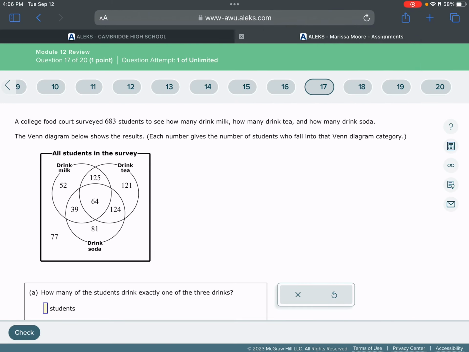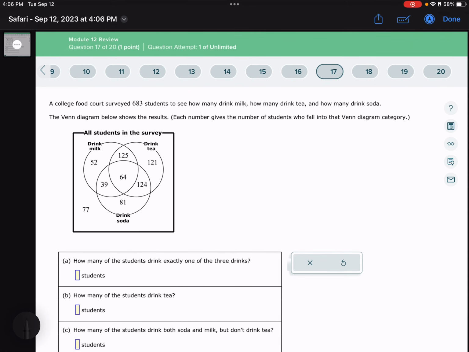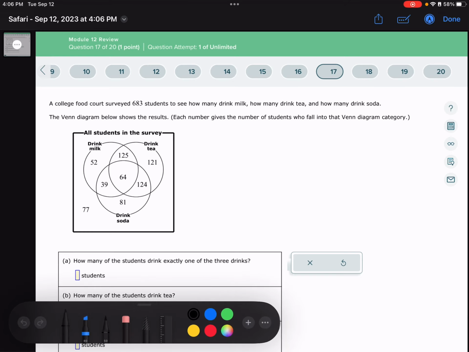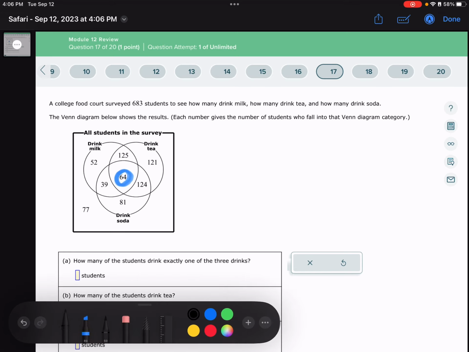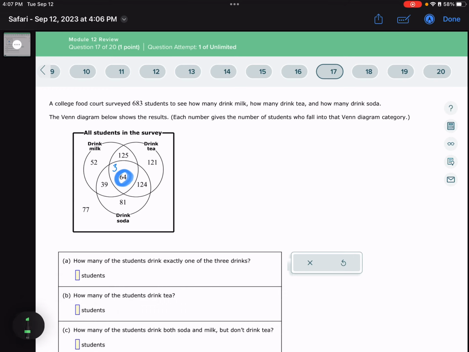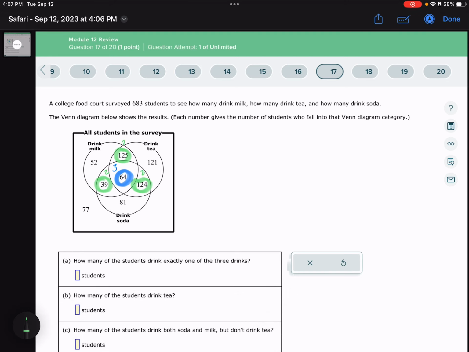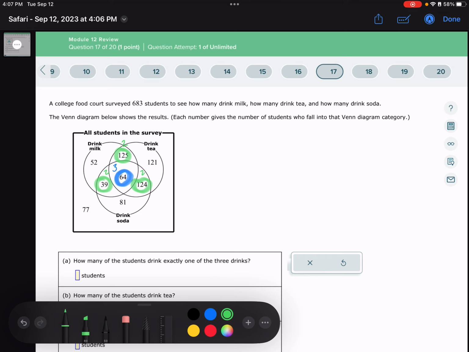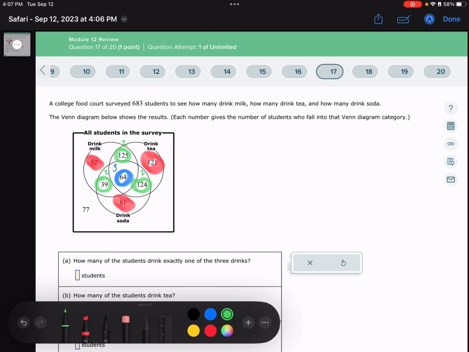Number 17. All right, how many students drink exactly 1 of 3 drinks? So these students here drink all 3. The next ones drink 2. The next ones out drink just 1 of them.